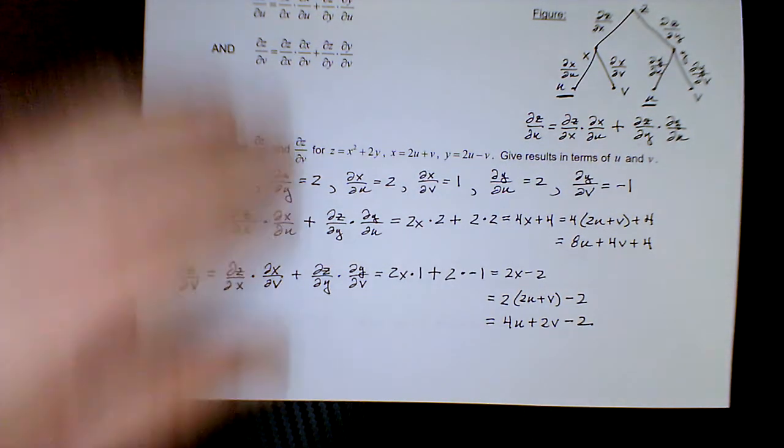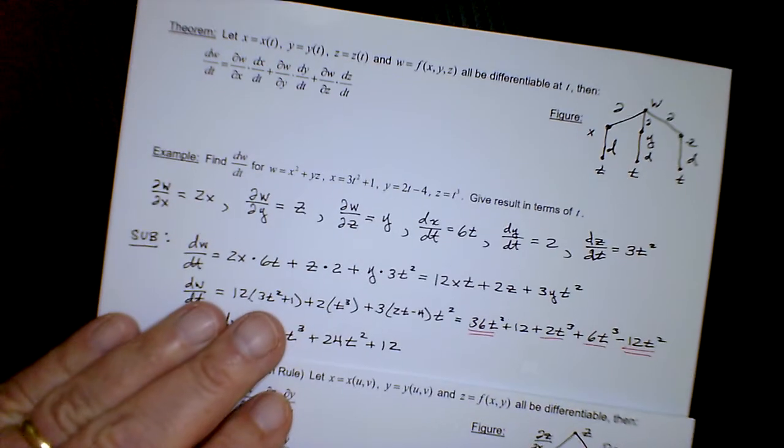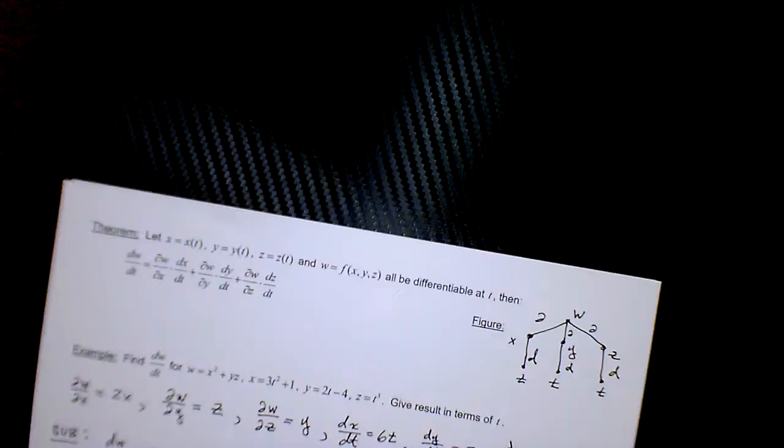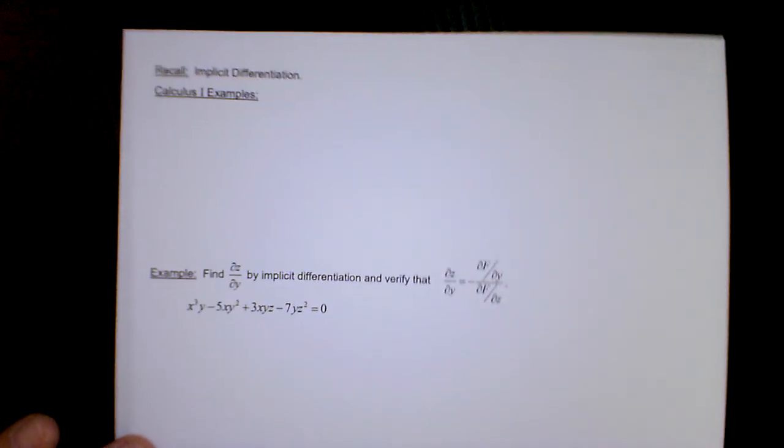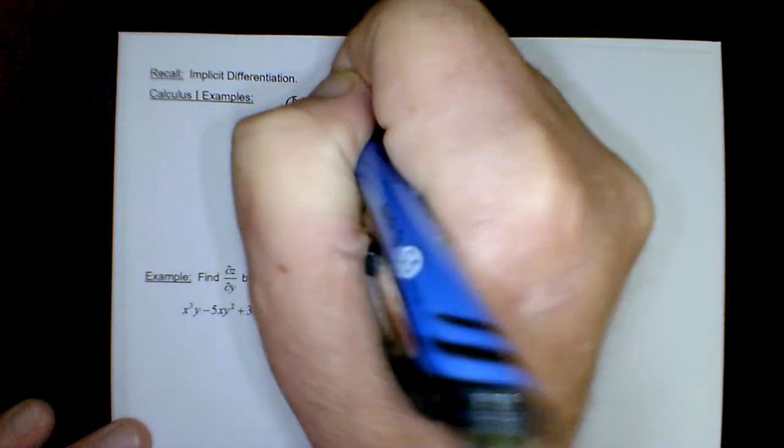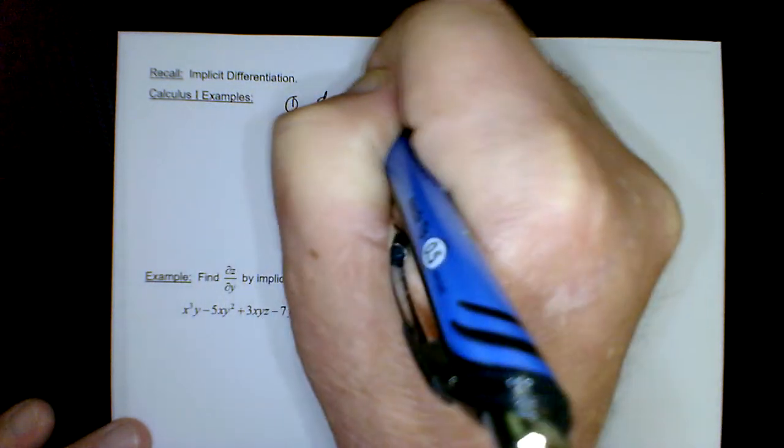Okay, so now we move to one final concept in this section, and that is implicit differentiation. And with implicit differentiation, recall from Calculus 1, for example, let's say you had to take the derivative with respect to x of x to the 5th.